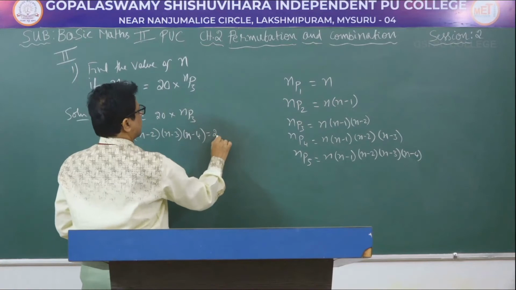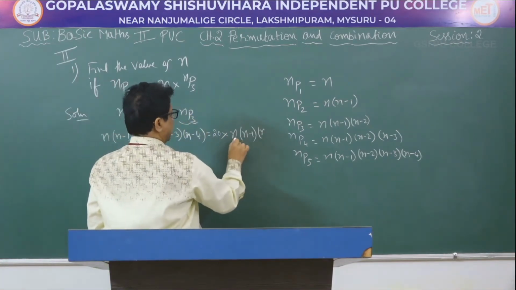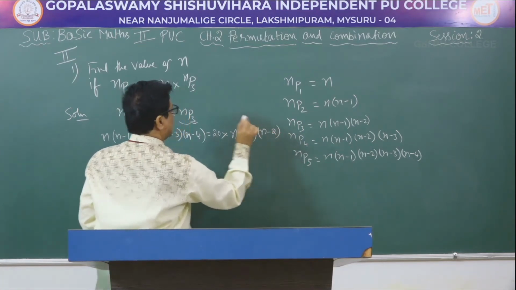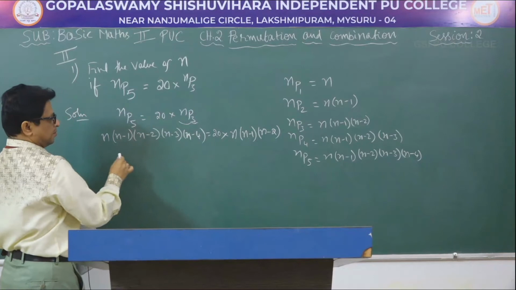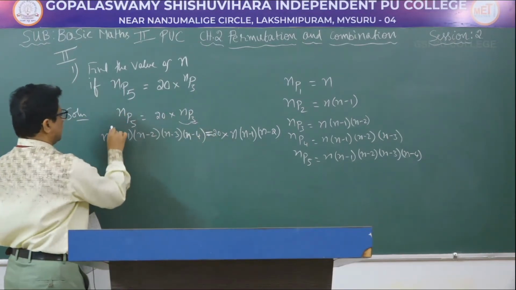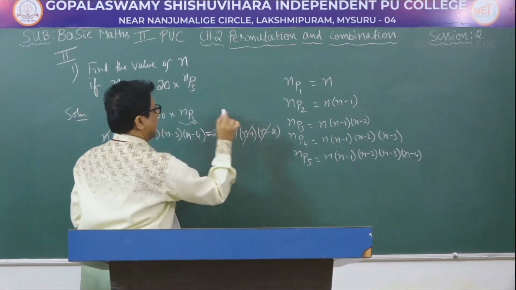So, that will be equal to 20 into nP3. nP3 is n into n minus 1 into n minus 2. So, n into n minus 1 into n minus 2 will get cancelled.